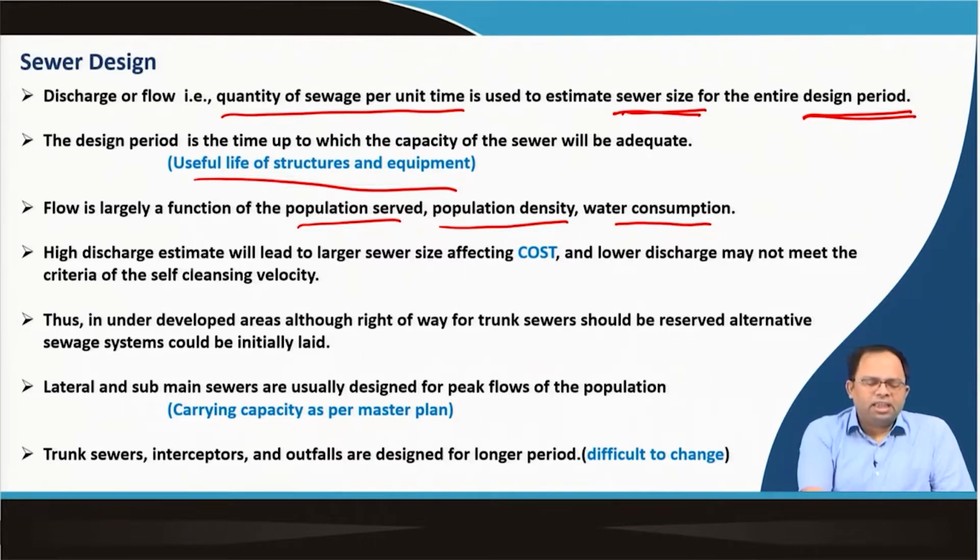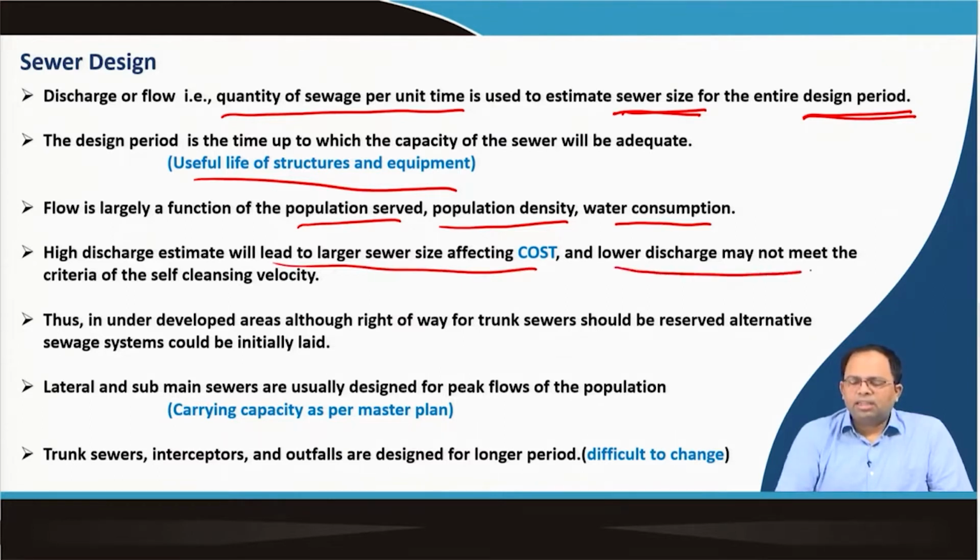Of course, a high discharge estimate will lead to larger sewer size, which of course increases the cost. Whereas, if the discharge is lower, then it may not be able to meet the self-cleansing velocity criteria. So, too large a size is also a problem, and too little quantity of sewage in a particular area, that means too low density, is also a problem.